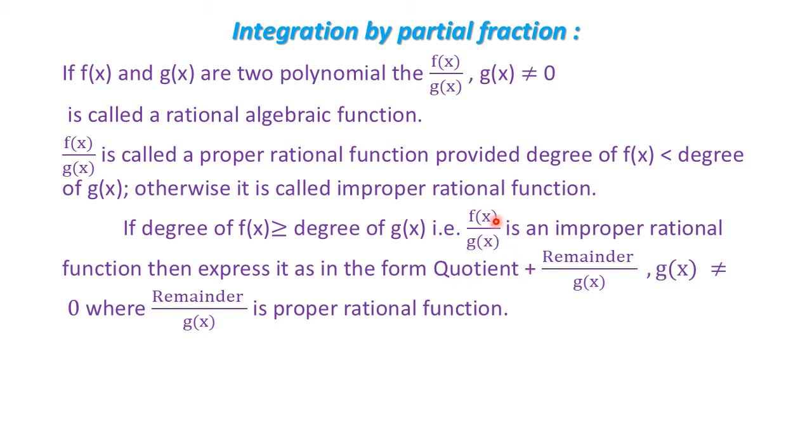When we divide, we get a quotient, and there is some remainder over the divisor g(x), again g(x) not equal to 0. After dividing f(x) by g(x), this gets reduced to a proper rational form, and we can then integrate the function. So remember this one.